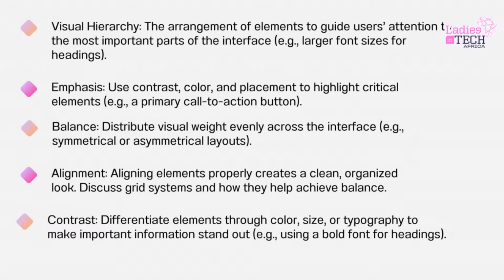Then contrast, differentiate elements through color, size, typography, and making important information stand out. So contrast can create emphasis, but contrast is not always emphasis, because contrast is literally everything. So I can separate different elements, or different parts of the UI design I'm interfacing with.